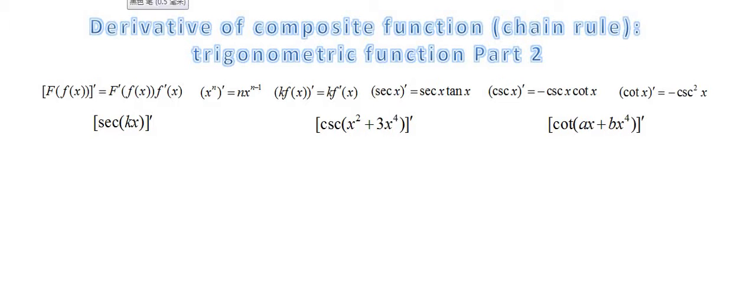Today I'm gonna talk about the derivative of composite functions, the chain rule, trig functions, part 2. Okay, so let's recall the chain rule. The derivative of capital F of little f(x) equals the derivative of capital F at f(x) times the derivative of little f(x).